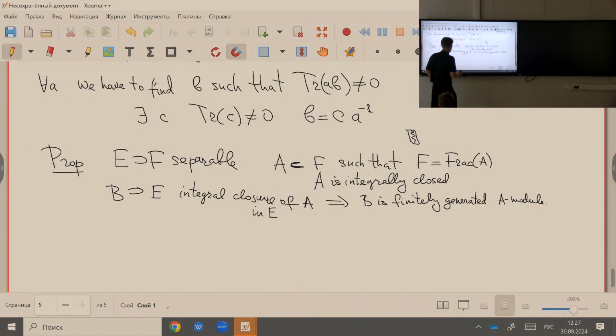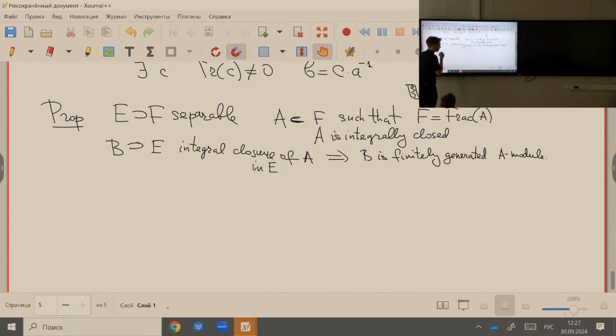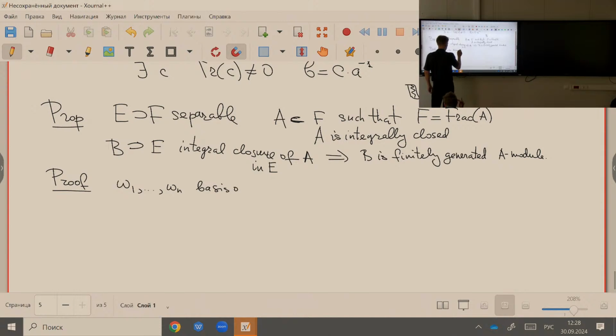So, proof. Notice that if you have a basis omega 1, ..., omega n, it can be taken to be a basis of E over F, so the degree of the extension is equal to n.